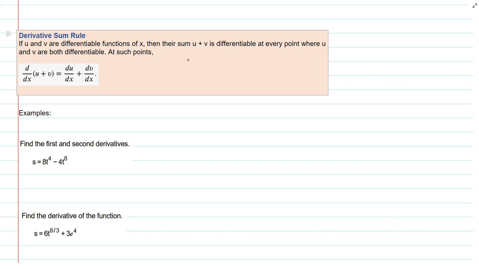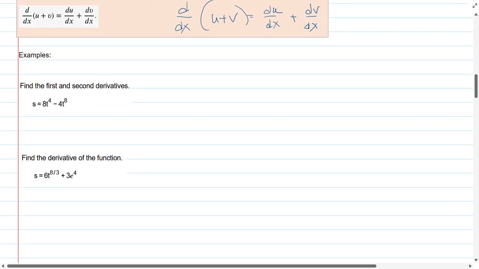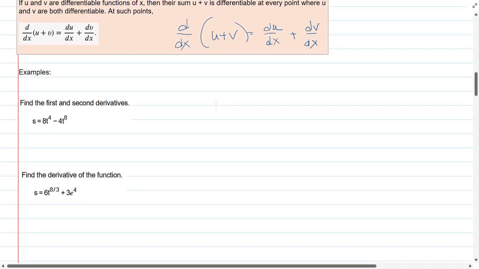Okay, so it says d/dx of u plus v is the derivative of u plus the derivative of v. Each term within the plus or minus is that process. So we're going to do some examples. This one is our sum rule.